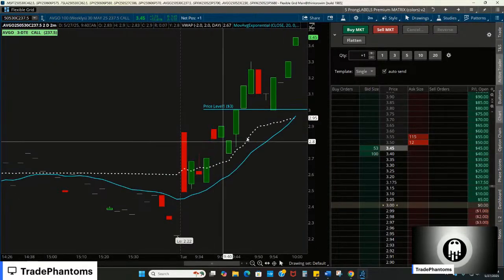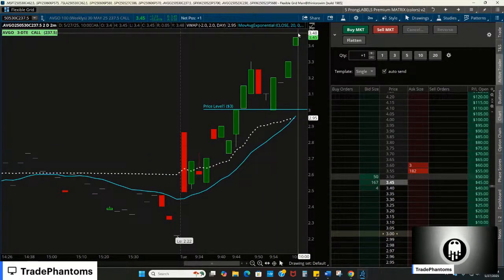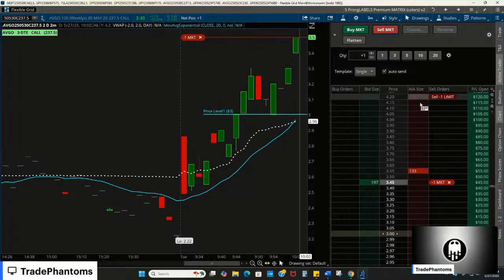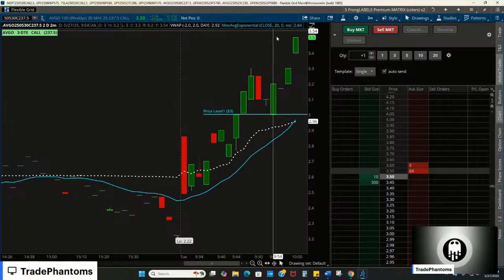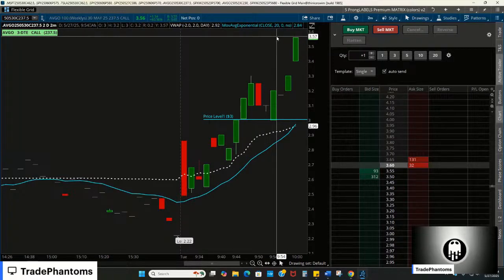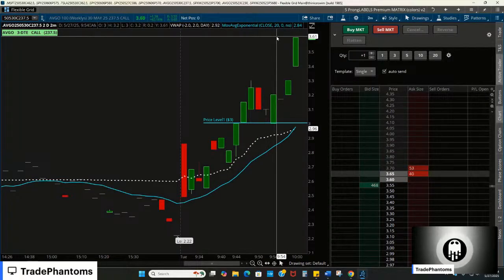Nice entry snag on AVGO. Take some profit on this from 3 to 345 here. At least TP some here. Okay, TP some AVGO. Google follow through.